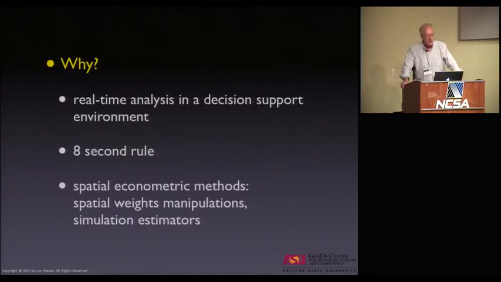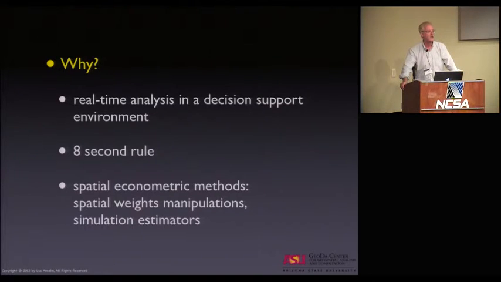So how do you motivate the need for this high-performance computing then? Well, one major motivation is that it's all fine for an astrophysics simulation to run for a week and then finally have the solution. If you're in a decision support environment, you can't wait for a week. You can't wait for a week to get tomorrow's weather.